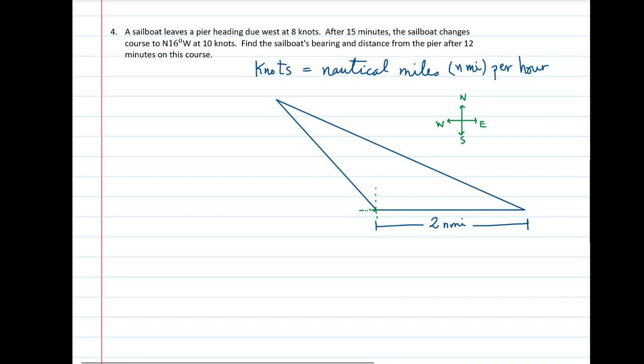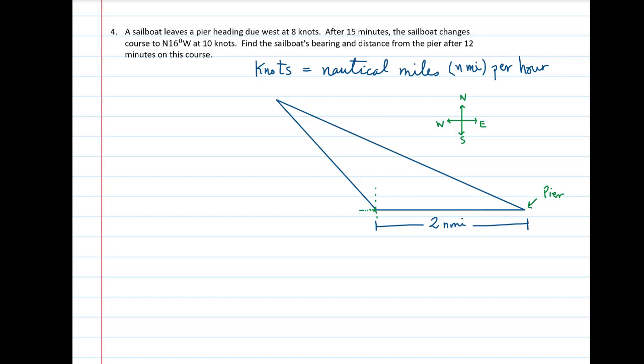So if we pretend this is the pier here, and this is where the sailboat is leaving from, the problem says it heads due west at 8 knots. And remember, 8 knots is nautical miles per hour. So if it went for 15 minutes, which is a quarter of an hour, then it traveled for 2 nautical miles. So that's where that 2 comes from.